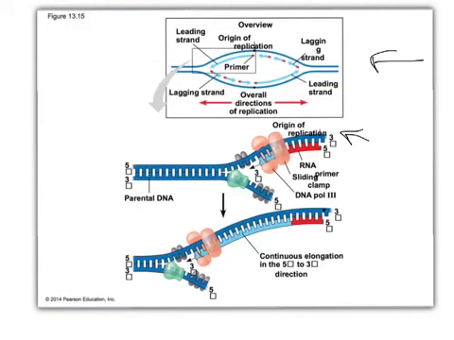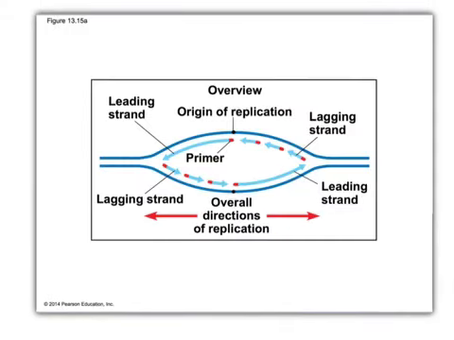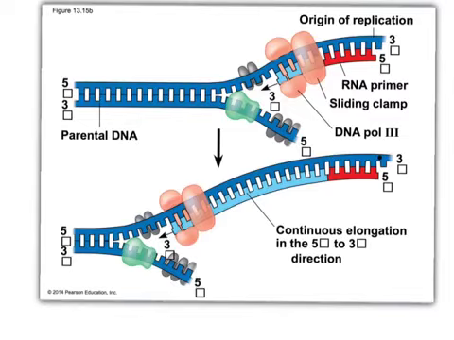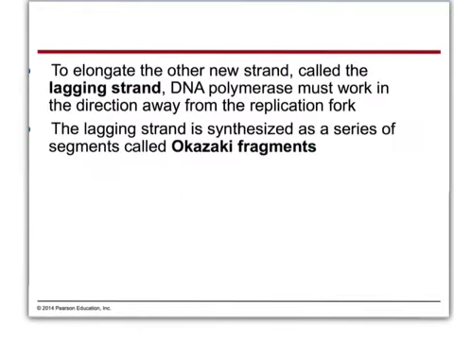So how do we replicate the lagging strand? Here's your model, leading one way, lagging the other, because we're always moving towards the replication forks. To elongate the lagging strand, DNA polymerase must work in a direction away from the replication fork.